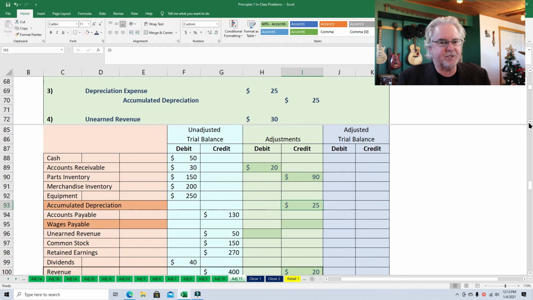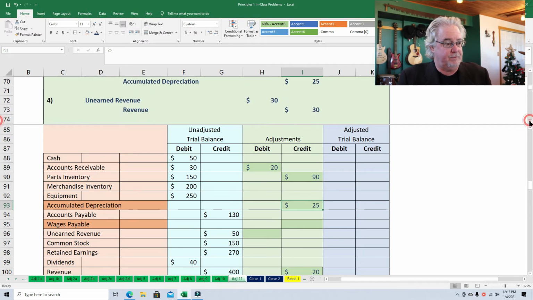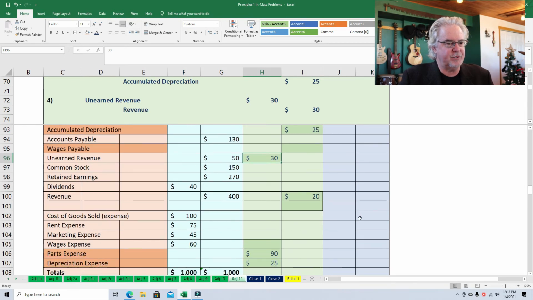So we're on transaction number 4 now. So unearned revenue is being debited for 30. So here's unearned revenue right there. Debit it for 30. And we've got revenue being credited for 30. And so it's going to go right here. Here's revenue, and that's the second entry.